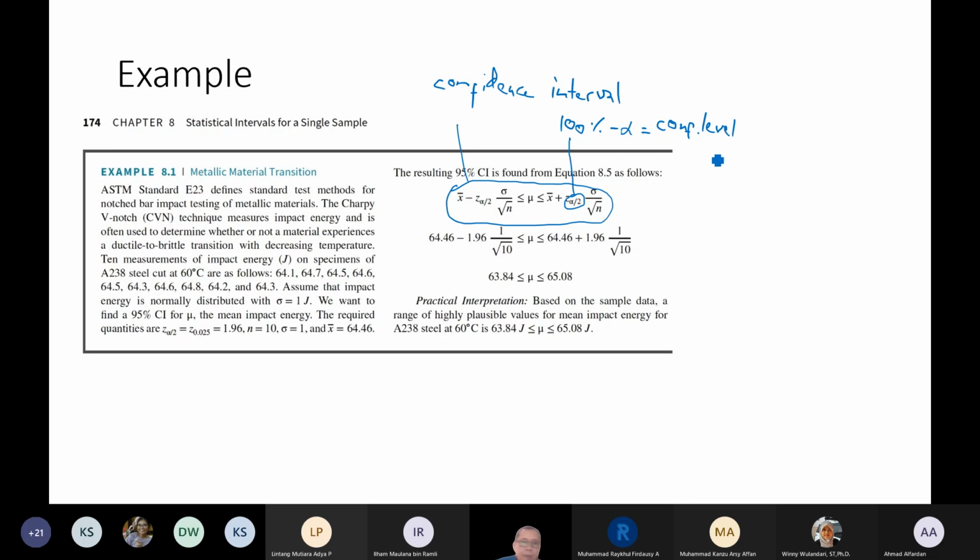So please keep in mind the difference between these two terms. There's confidence interval and confidence level. And there's the calculation. And this is the result.